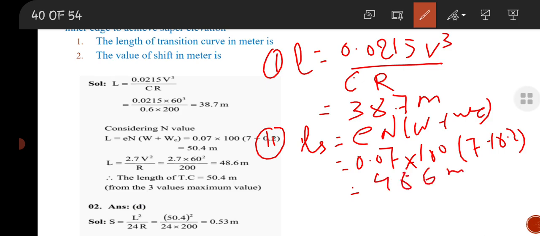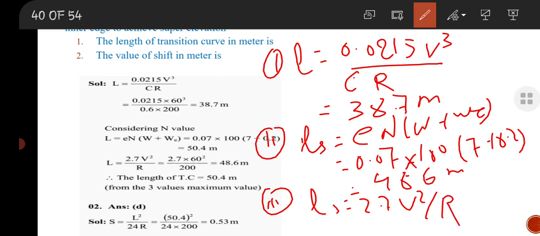Then by using the IRC formula for plain terrain, Ls is equal to 2.7 V square upon R. Applying V in kilometer per hour, this length is calculated as 50.4 meter, and by the IRC formula the length is 48.6 meter.